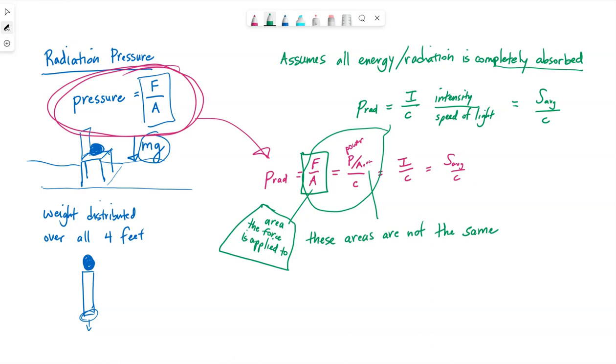On the right side, when we're talking intensity being power per area, this area is the area the wave itself spreads over. These do not need to be the same thing. They could be. It depends upon the situation.